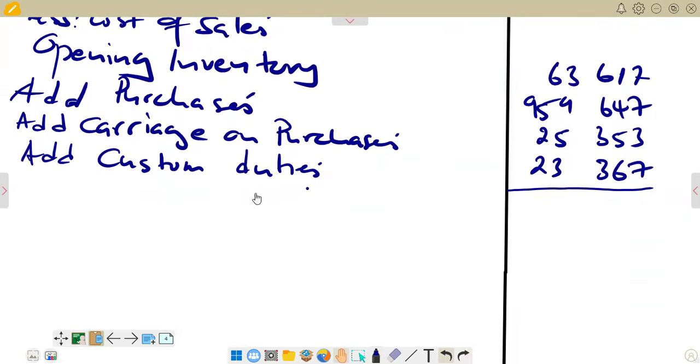The total that we are going to get is 1,071,984. And this figure is our inventory available for use.